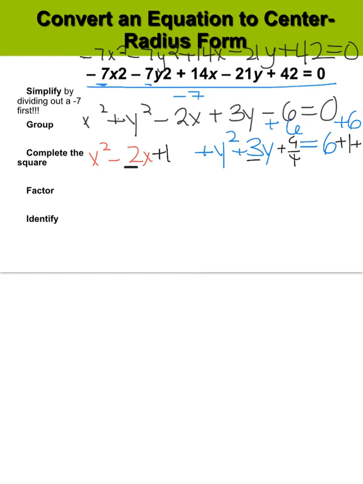We're going to add that to the 7 over here. So I have my perfect square trinomials. Write it in terms of one factor, so (x - 1)² + (y + 3/2)² is equal to the sum of 6, 1, and 9/4, which is 37/4.